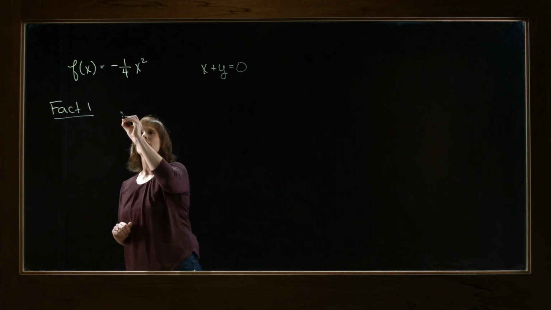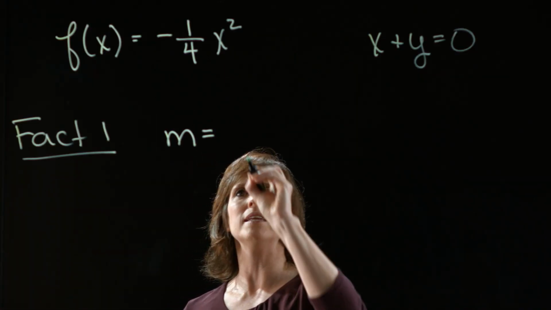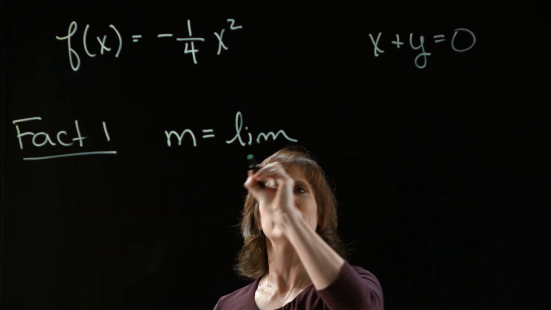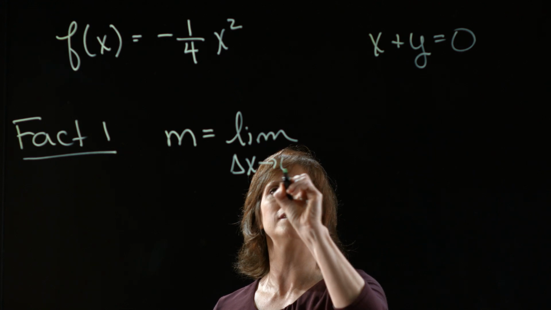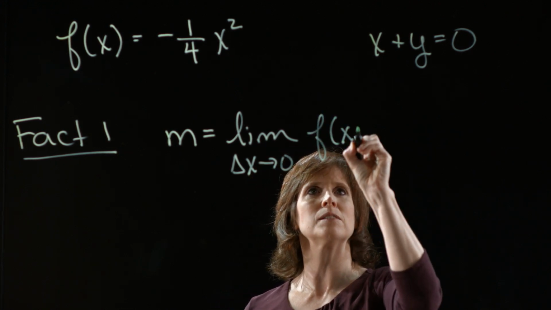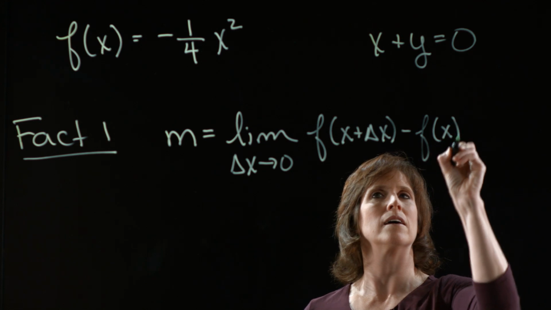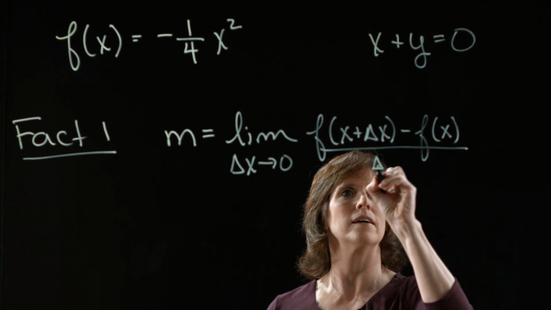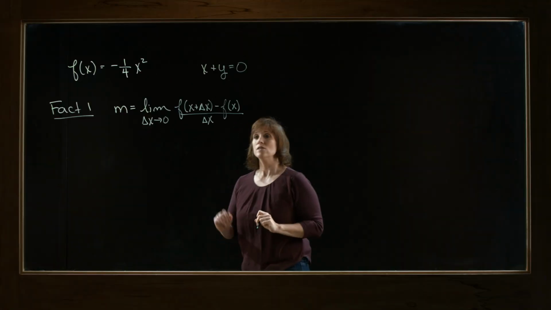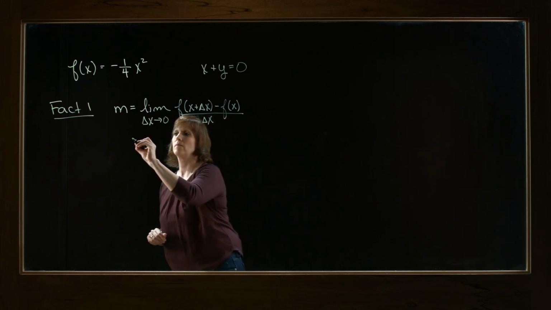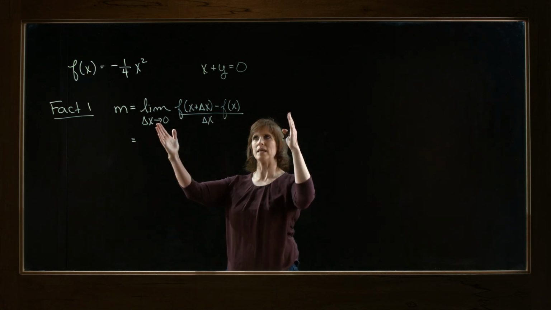So we know that the slope is going to equal the limit as delta x approaches 0 of f of x plus delta x minus f of x all over delta x. So let's do this evaluation. As always, I start from the inside out.